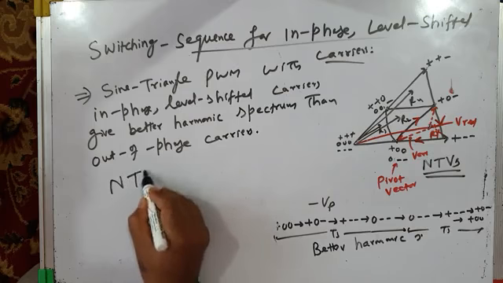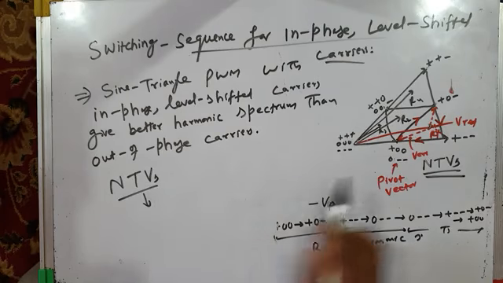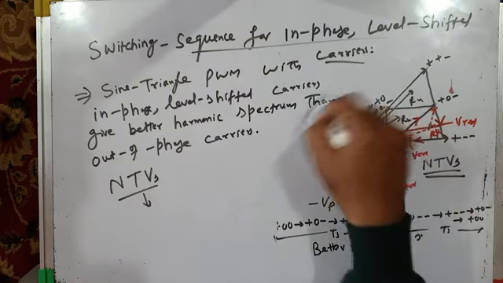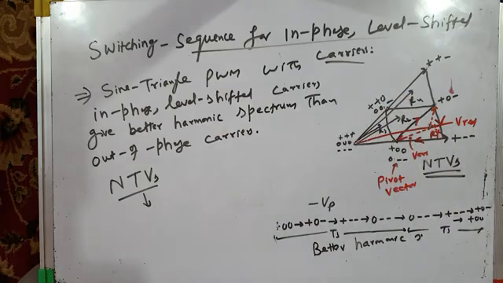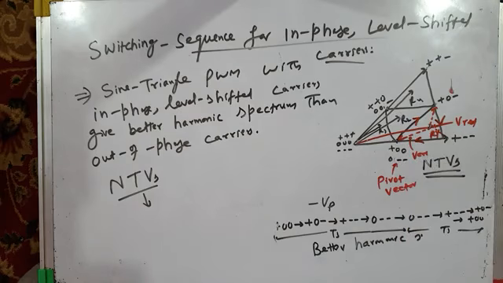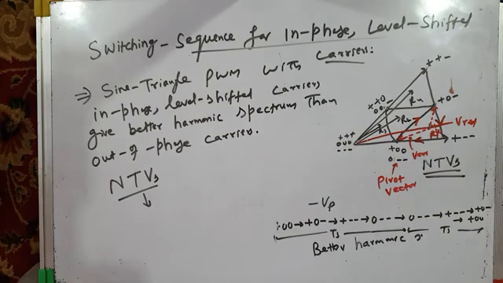It uses the concept of NTVs, nearest three vectors. Your reference vector at any instant of time may be in any one of the four regions, in sector 1 or any other sector. When it is in a particular region, it applies the nearest three vectors of that region. It does not apply any vector outside that region, and it produces very less error and better harmonic spectrum. I hope this is clear to all of you.